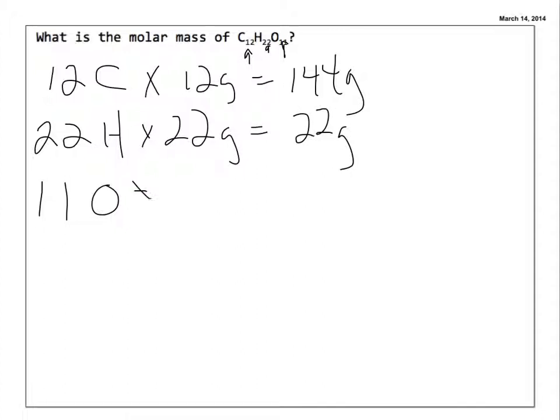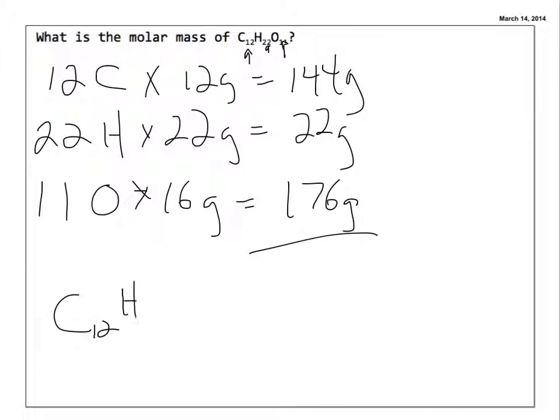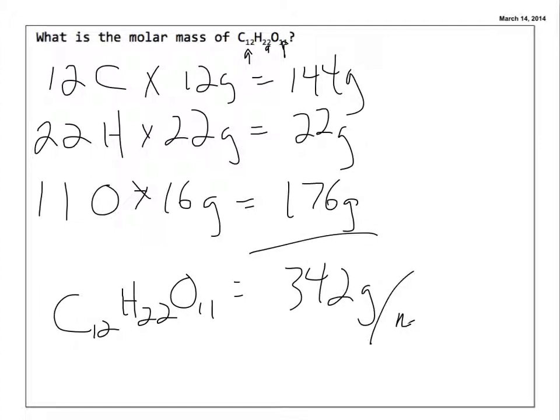And 11 oxygens times 16 is 176 grams. So the total for C12H22O11 is 342 grams per mole.